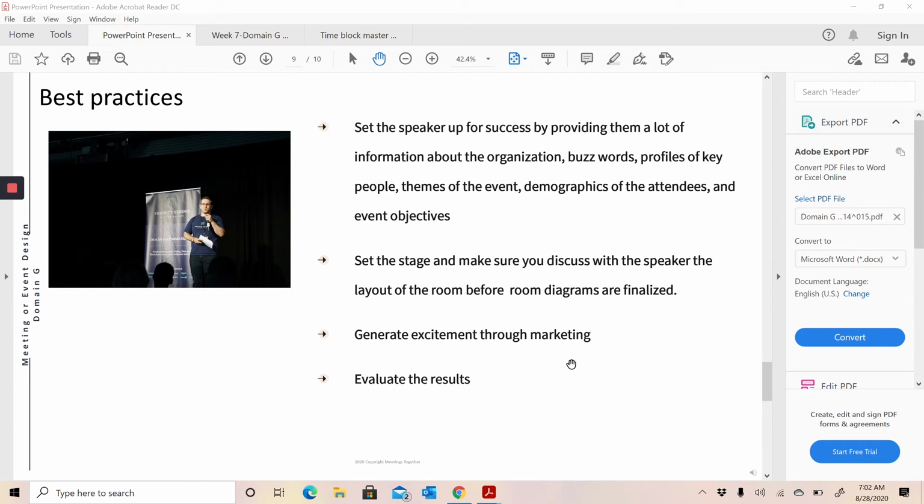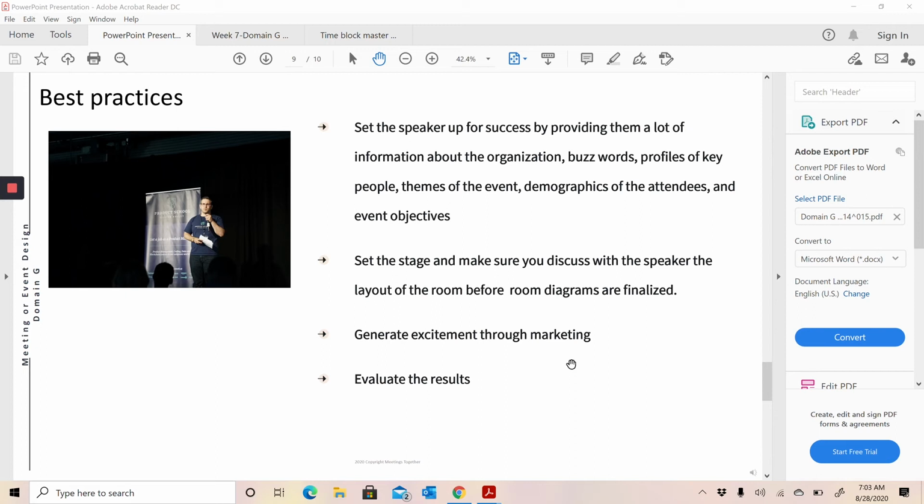So if you could inform the speaker and give them a profile of the attendees, the demographics, the event objectives especially, this way they can tailor their presentation based on your goals and objectives, because they want it to be very well received. They're not just up there talking to hear themselves talk. They want to make sure that the needs of the attendees are being met. So you want to prepare the speaker as much as possible.